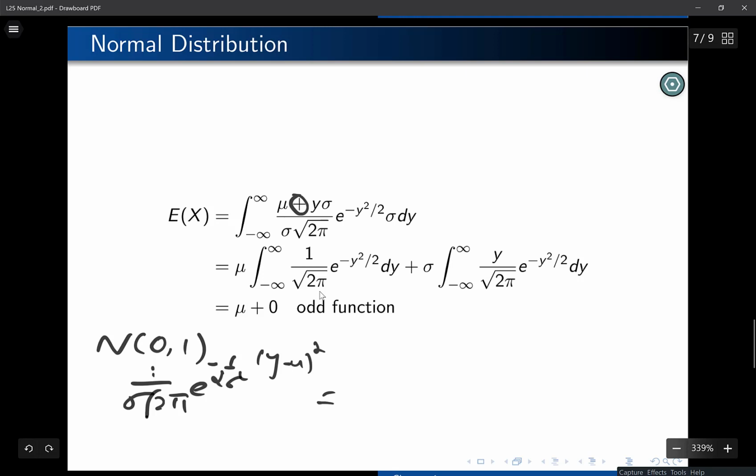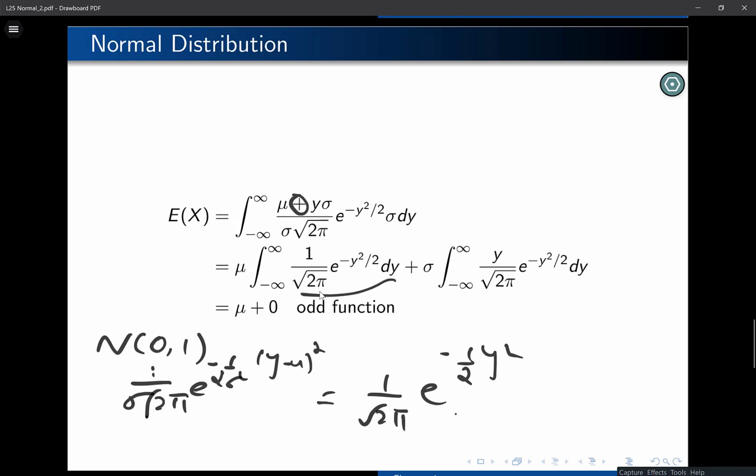Plug in mu equal to 0 and sigma equal to 1, and you get 1 upon square root of 2 pi, e to the power minus y square by 2. So this is the density of a standard normal variable. Because it's a density, it integrates to 1, so this integral is 1. We haven't yet proved that this density integrates to 1, but since it's a density, it has to. However, this first integral is just 1, so you're left with mu.